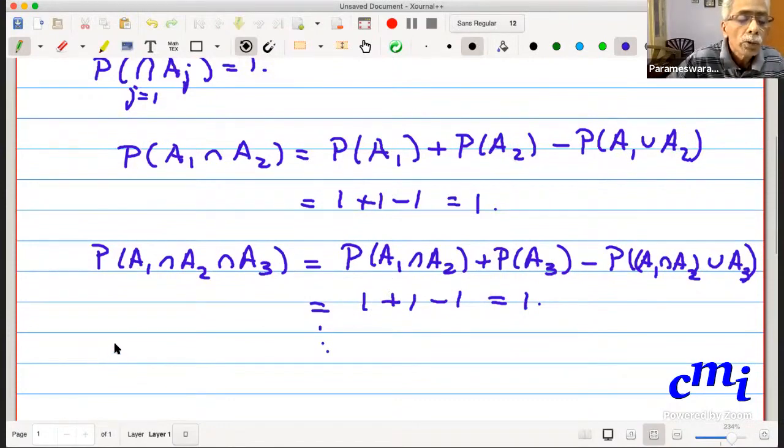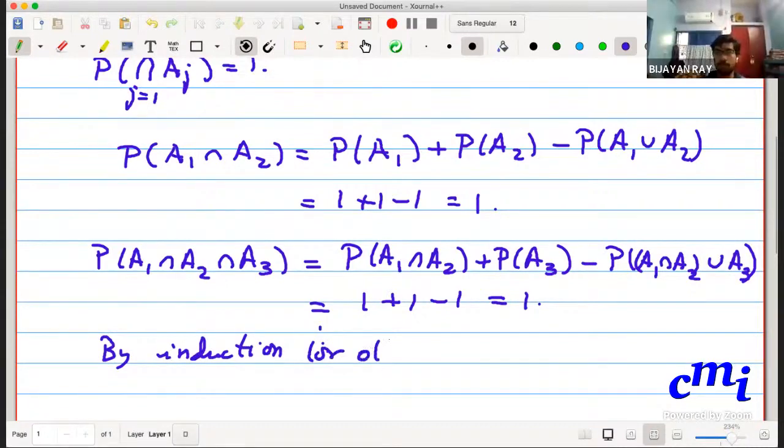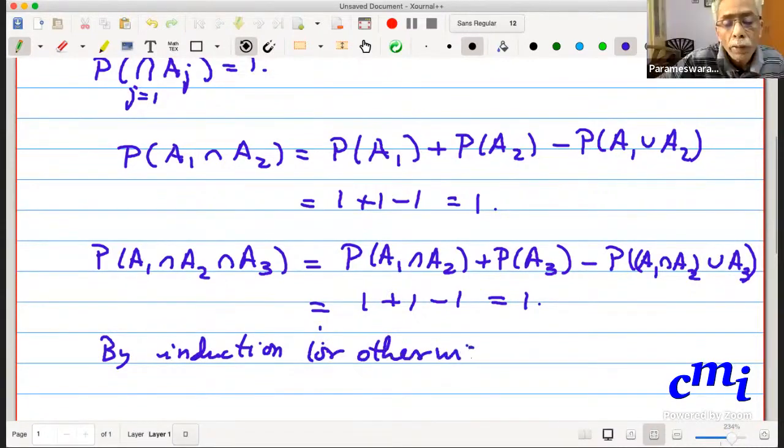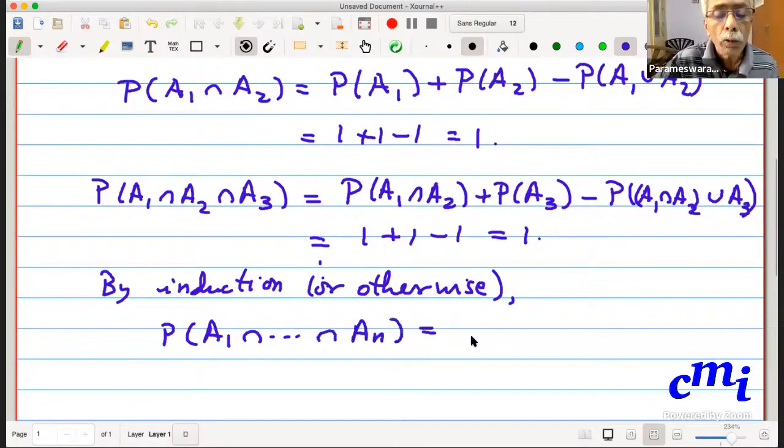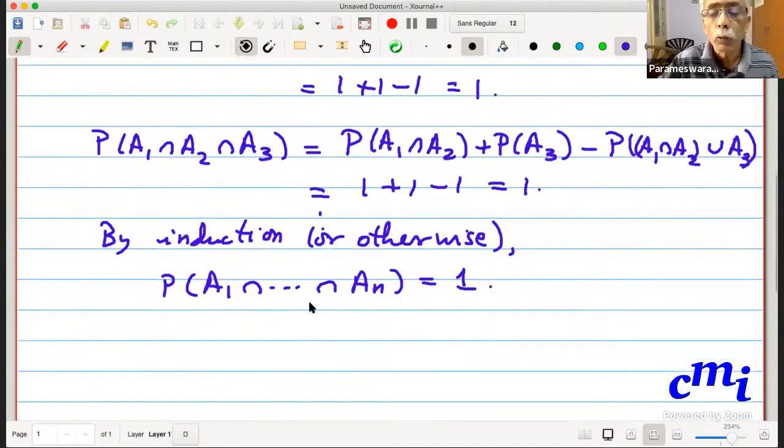And now you can say, either by induction or otherwise, whichever way you like to do it, the following holds: probability of A1 intersection up to An is equal to 1. So this is true for all n.